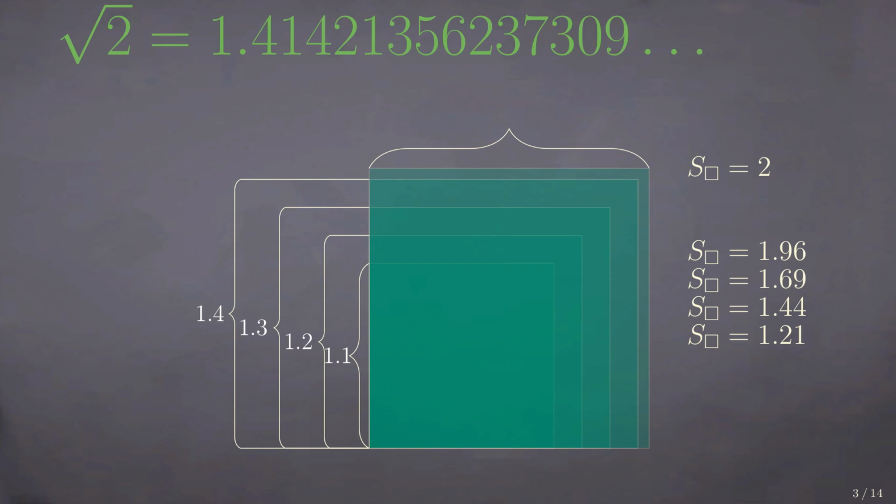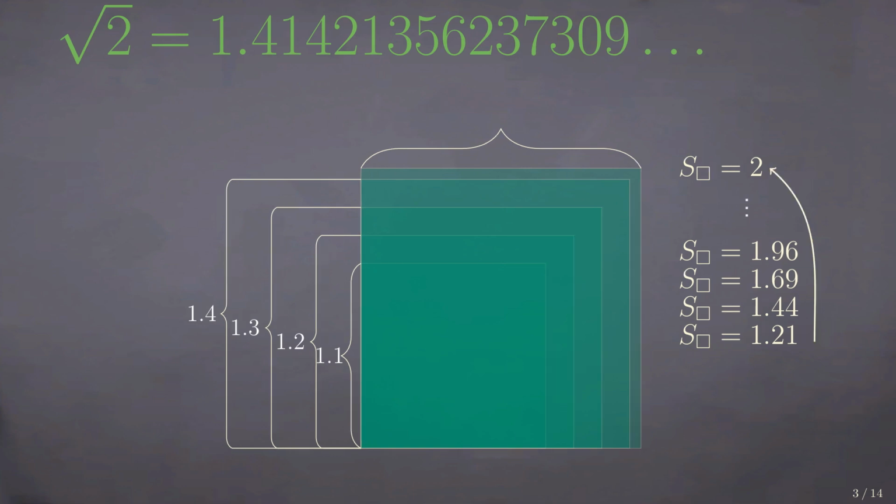So by choosing the side of a square such that its square gets closer and closer to 2, the side that you choose will get closer and closer to the square root of 2, right? This is the process of taking a limit, meaning that you choose values that are closer and closer to the real value of the square root of 2.